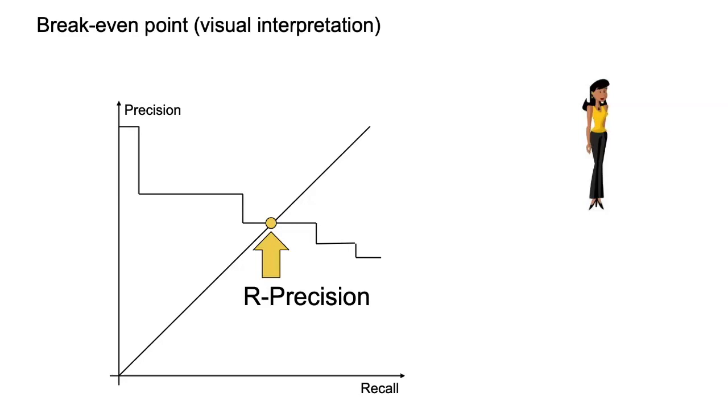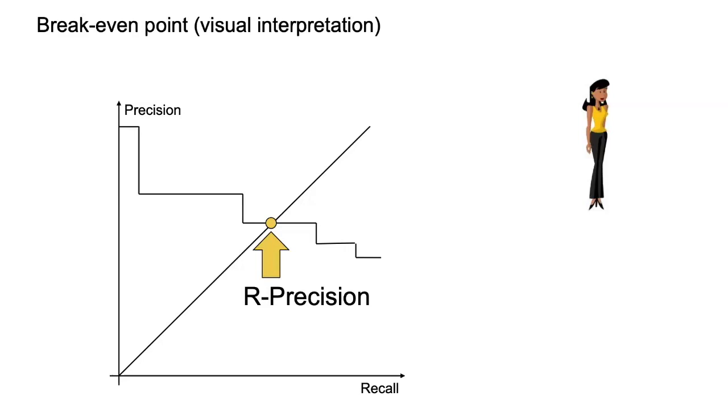Now there is a theorem in mathematics that tells you that that has to exist, right? If you have a continuous function that starts above and finishes below, it has to cross the line at some point. Fortunately, it's not a mathematics lecture because a mathematician would tell me that this could be not necessarily exactly one. But anyway, that's almost it. So basically, when you intersect the curve, you have the R precision.